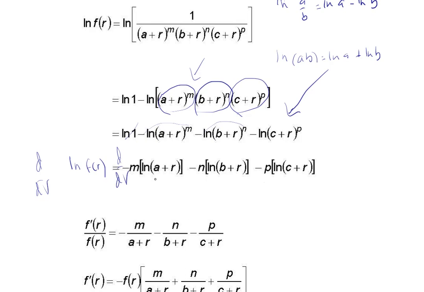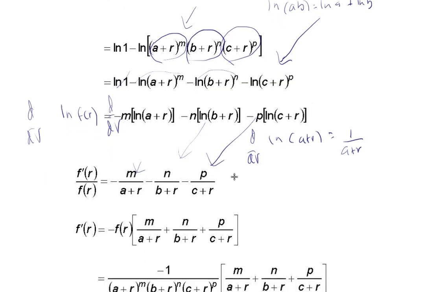And if we differentiate log (a plus r), with negative m as a constant, we differentiate a plus r with respect to r, so a is constant, and we get 1 over our function again, a plus r. So this is what we get, multiplied with negative m, and same here, and also here.